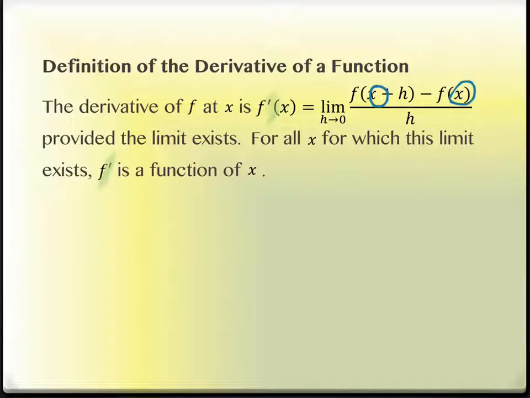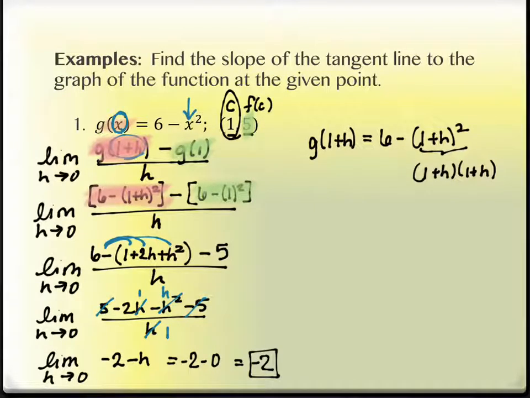Well, if you take a look back over here, I'm going to go back to our problem where we did it. Everywhere where I had a 1 in that very first line, in particular here and here, I wouldn't have a numerical value of 1. I would have had an x. And as I worked things out, things would still cancel out, but they wouldn't cancel numbers out. It would cancel variables of x out as I worked.